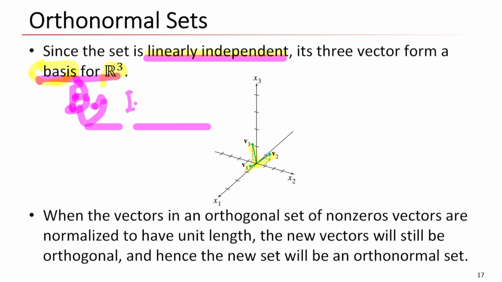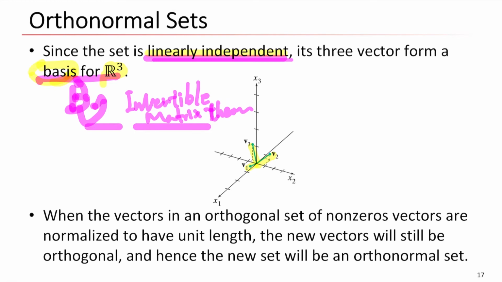By using the invertible matrix theorem, we can say the linearly independent set forms a basis for the R3 space.